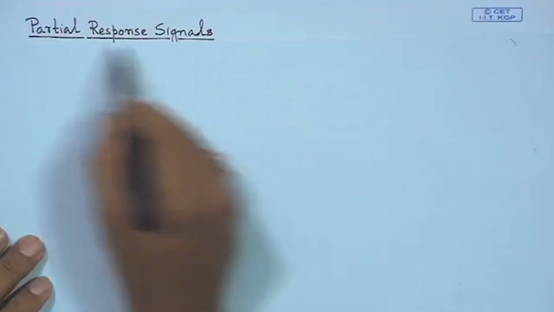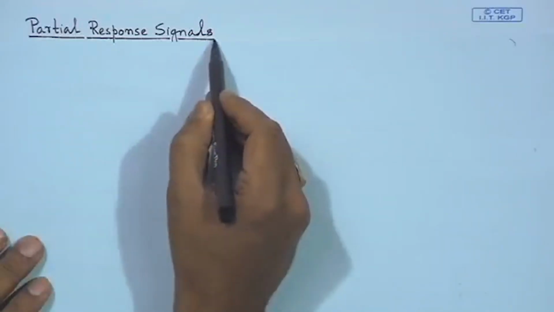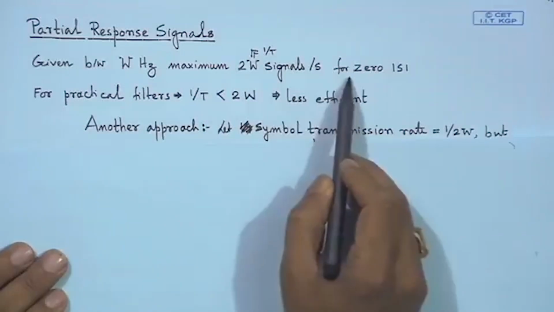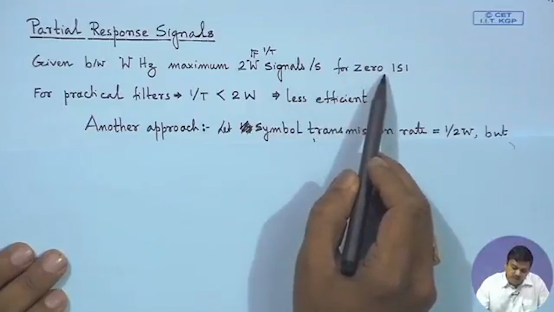We achieve this kind of communication system by means of partial response signaling, and we had stated earlier the definition of partial response signaling, which we will revisit once again in the current context. So, given a bandwidth W, the maximum of 2W symbols per second is for 0 ISI, which we have stated.